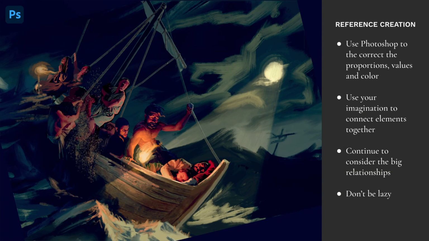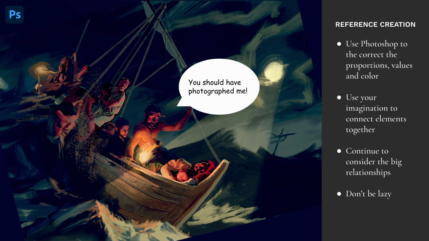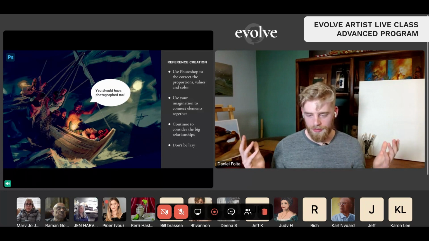And then also, don't be lazy. I'm really saying this for myself, because this disciple in front, if you notice, he was not photographed. I started the painting with this reference, and I definitely should have photographed him. I had to repaint his entire face. I was just a little overconfident.